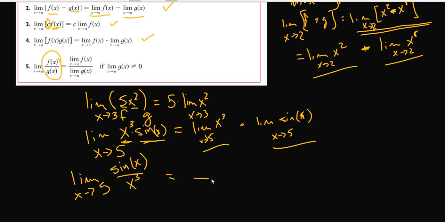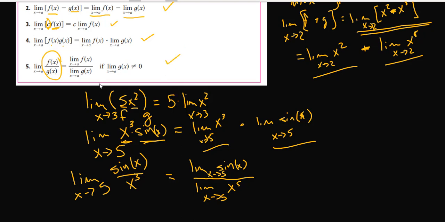As I said again, it may make it easier. If it does, you're allowed to do this. If it doesn't, you don't have to. Okay, so these are examples of how we can use these rules.